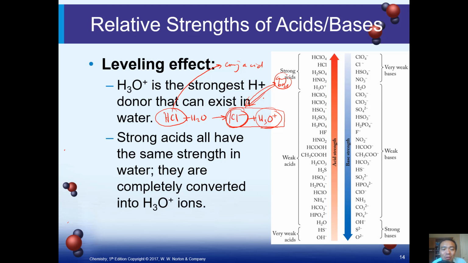But when you look at the corresponding conjugate base of that strong acid, chloride has no ability to pick up a proton, which means this conjugate base, chloride, is really weak. It's so weak it has no chance to pick up one proton and become HCl. So in other words, the stronger the acid is, the weaker the conjugate base.